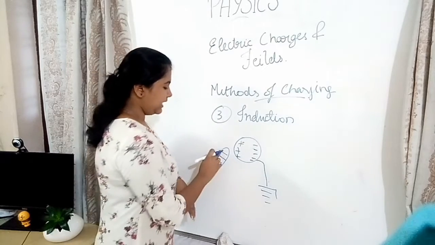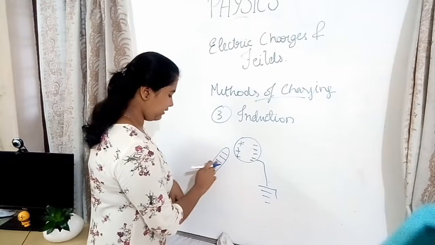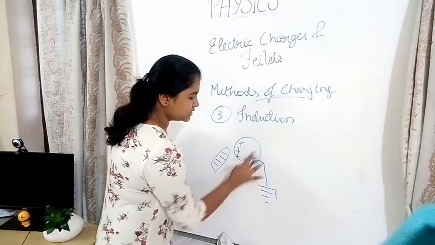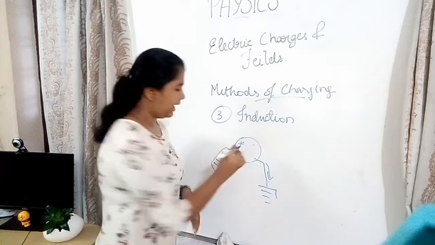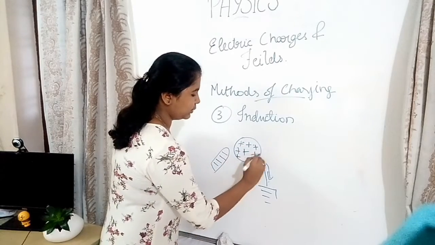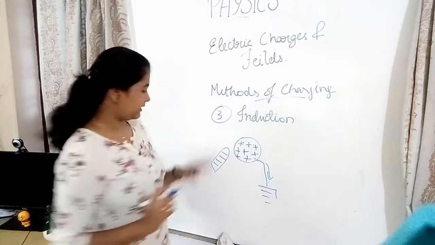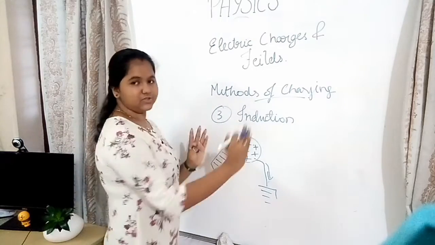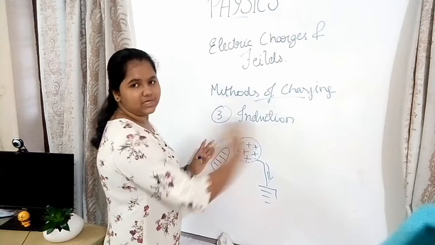So what happens? Let's say there are 5 charges. These negative charges will move down to the earth and the positive charges would spread across. If there are 5 negative charges, then positive charges come to this side and the 5 negative charges go to that side.